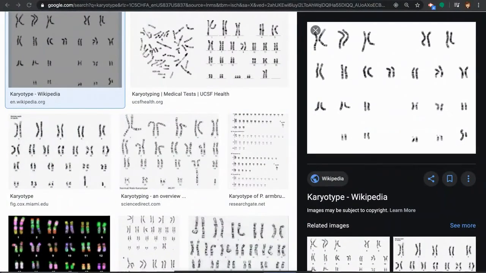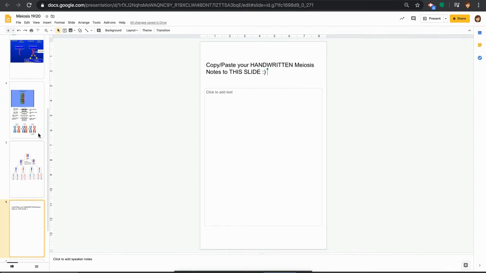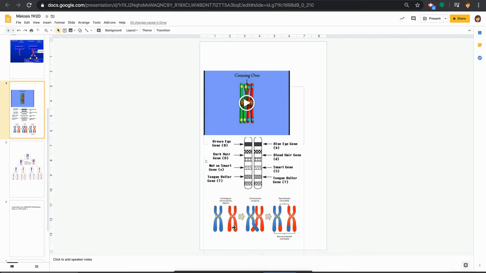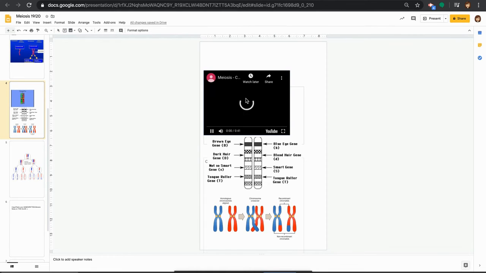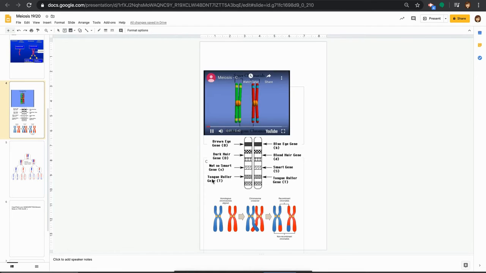Here we go. Going to this slide, going right here. This is actually pretty cool. So here's my tetrad. Their legs on the inside, so the middle legs are going to intertwine. Parts of the legs are going to break off and reattach to the other side. So part of that blue is going to be on the red side and vice versa. Let me show you this as an animation. Okay, so there's your tetrad.